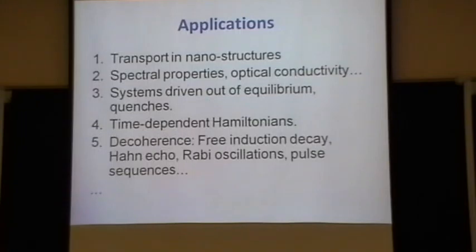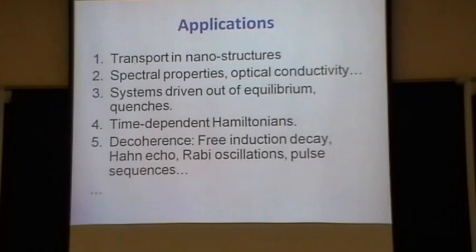Well, we're done for today. What we're going to discuss next is entanglement growth and different applications. I'm going to focus particularly on transport and nanostructures, but other lecturers are going to describe different applications. So things that we can do is we can calculate spectral properties, optical conductivity, photoemission spectra, for instance, by looking at the time-dependent Green's functions.